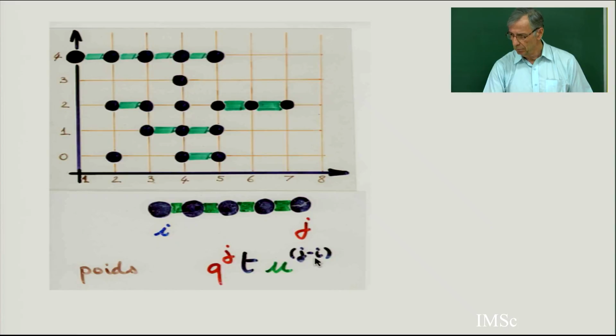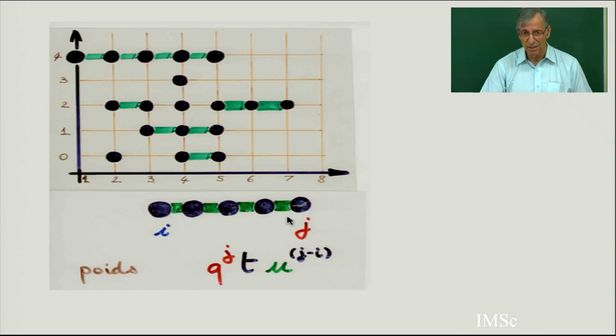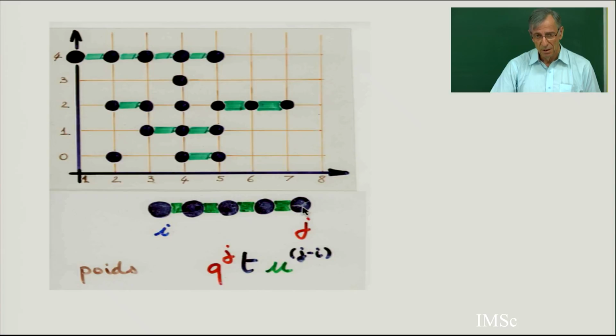So for this segment, you have u to the power 4. The variable u in green is counting the length of the segment. q is counting, you see, it's a q-analog, because it can be as big as q to the power of the index of this point, and t is for counting the number of segments.